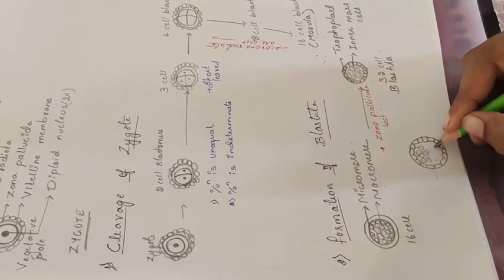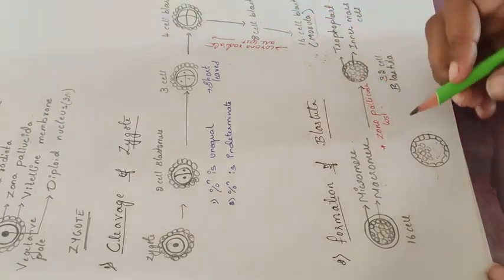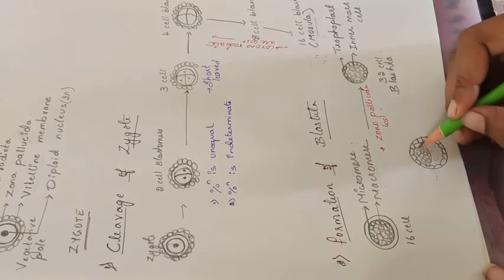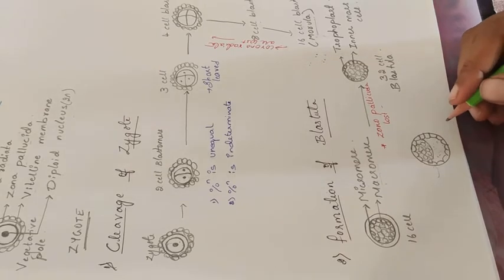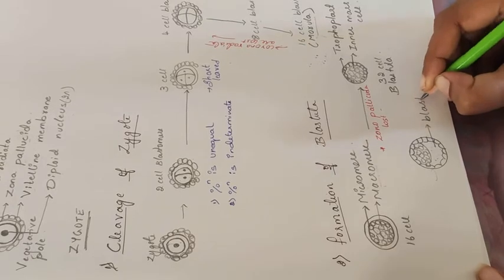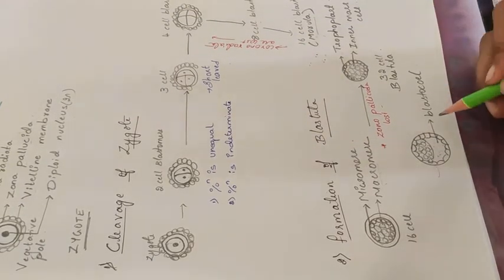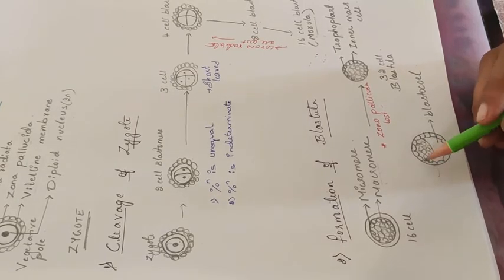Since it needs a space to store, it will push the inner mass cells towards one side. That is why you can see inner mass cells at one side, and here you can find a small cavity, and this cavity you call the blastocoel. Blastocoel, and inner mass cells are pushed towards one side.